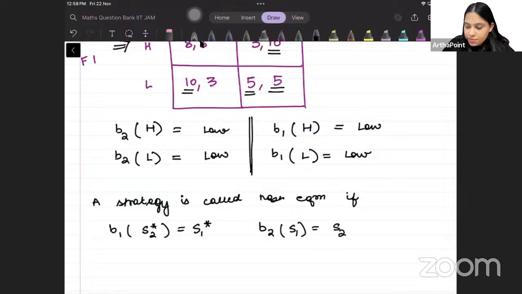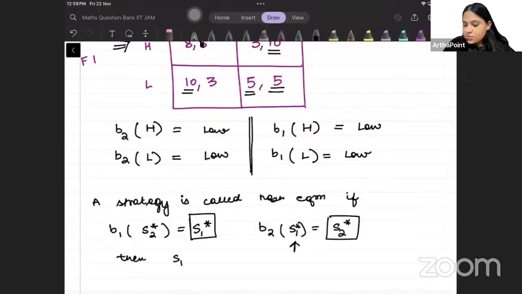And when these two combine, you have star everywhere. That means when firm 2 plays S2 star, you get S1 star here, and when firm 1 plays S1 star, you get S2 star here. When they combine, then you can say that S1 star, S2 star is Nash equilibrium, right?